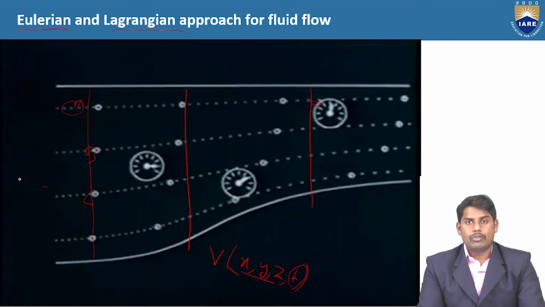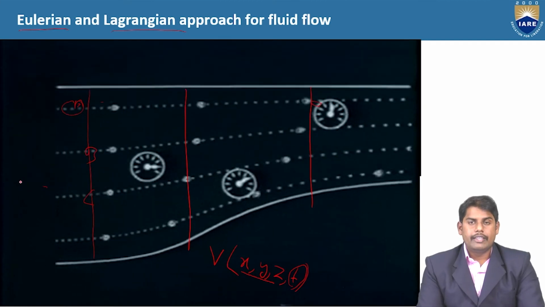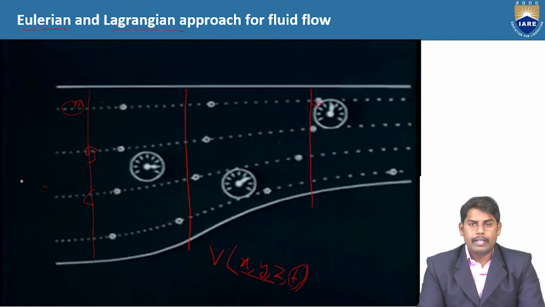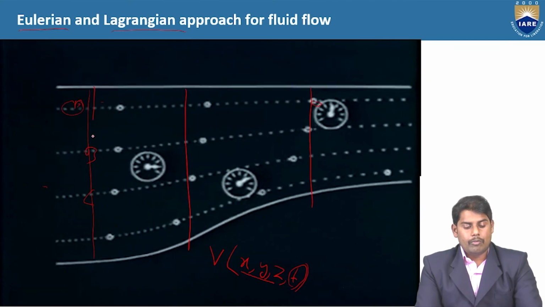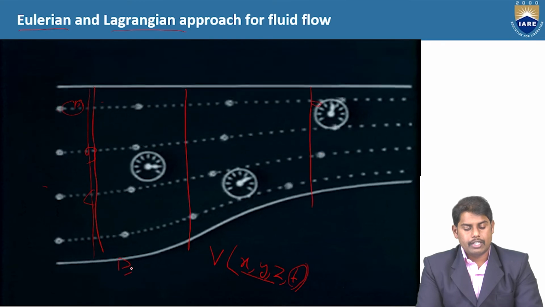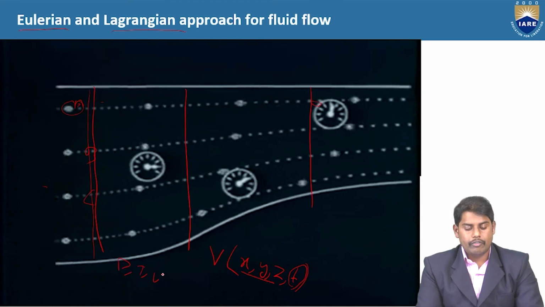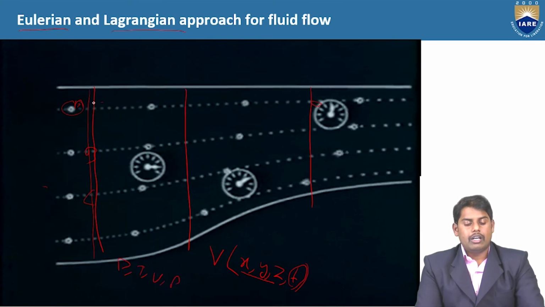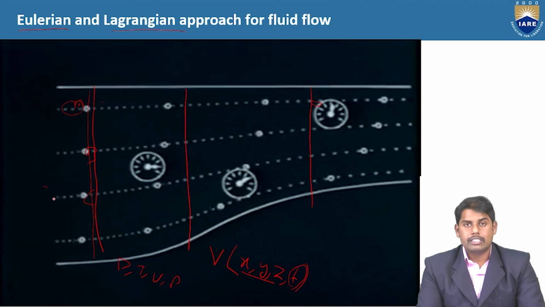And you have another approach called the Eulerian approach. In the Eulerian approach, you calculate flow properties such as pressure, temperature, velocity and density at a given cross section. It is nothing but an average quantity.